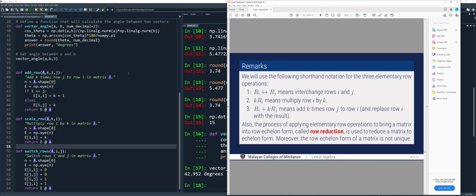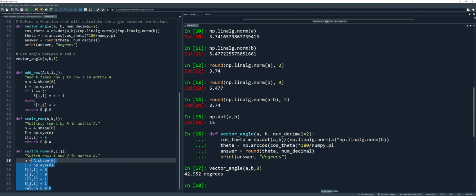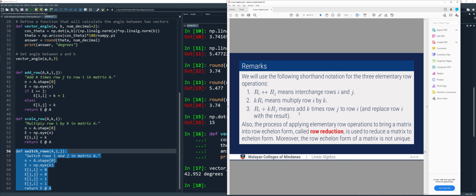Now, what happens here is that, let's say for example, let's consider switch rows. This one. What happens here is that it interchanges rows I and j. A here is the matrix. For the scale row, still A is the matrix. K here is the constant or the scalar.